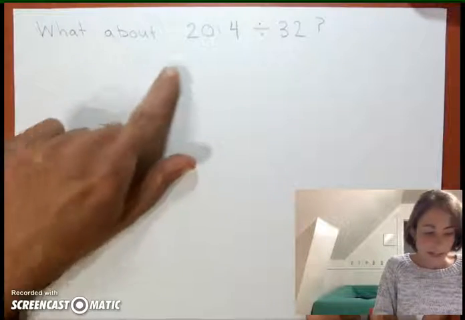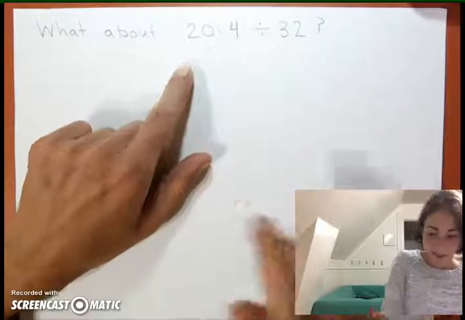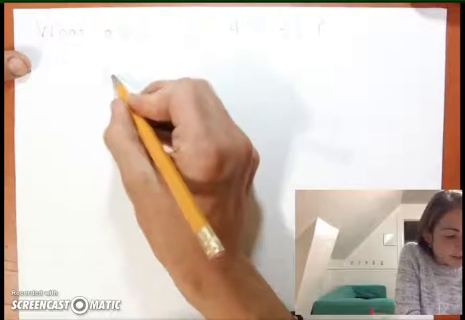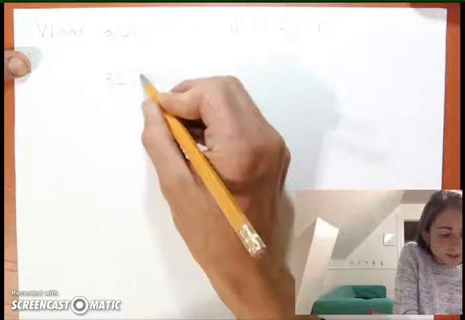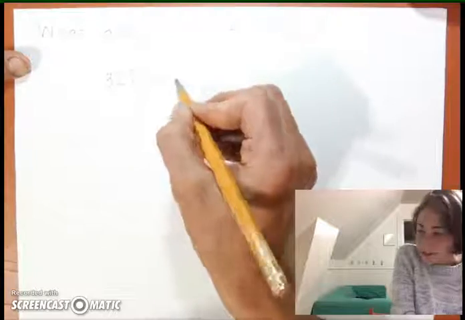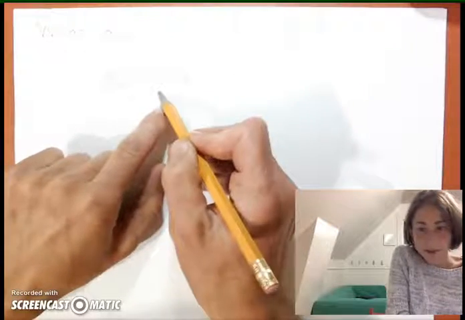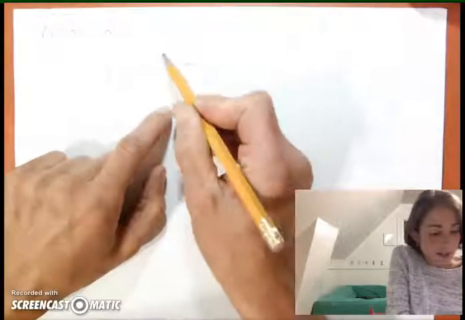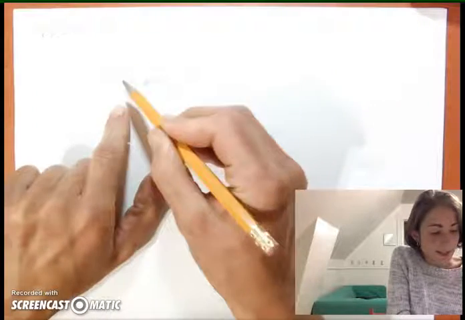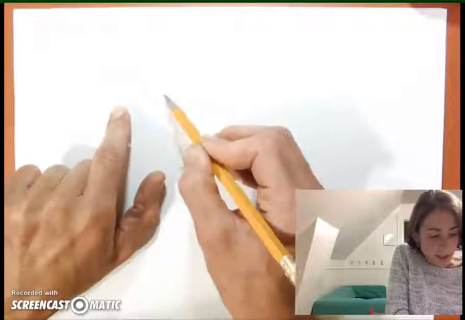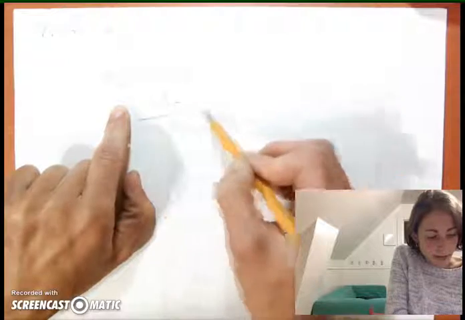What if we divide 2014 by 32? Then I go through the same process. We have 32 into 2014. Just like before, 32 goes into 201 6 times. We multiply 6 times 32 to get 192 and subtract it.